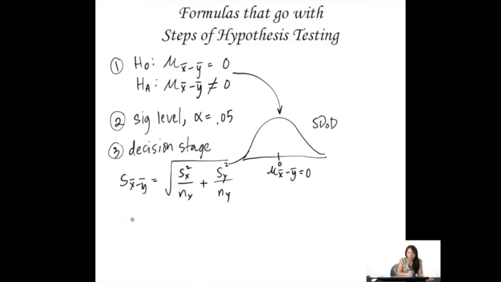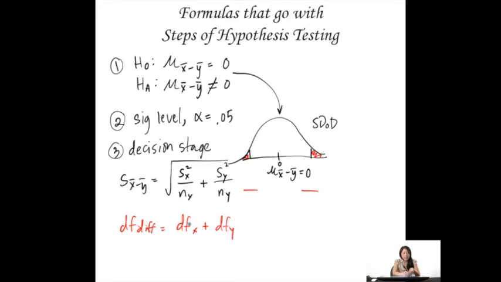And another thing you probably want to know is that we need to find these critical t. So we need to find the t values here, right? And in order to find that, you'll need to know the degrees of freedom for the difference. And that's pretty easy. It's the degrees of freedom for x plus the degrees of freedom for y, right?